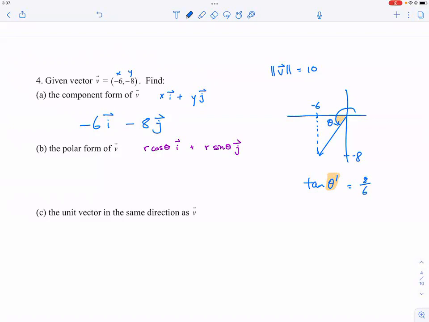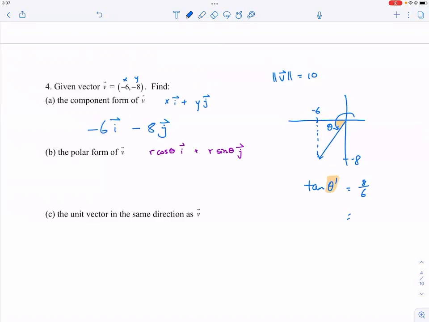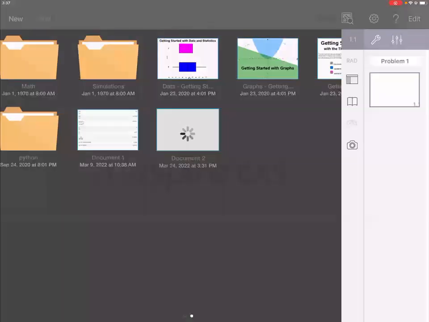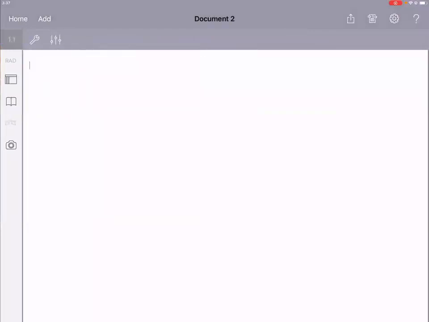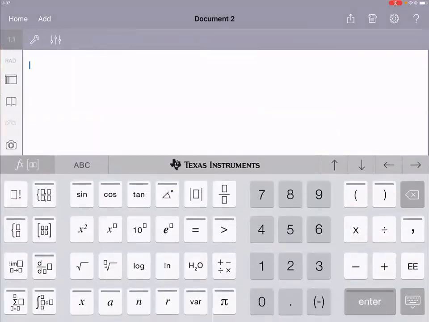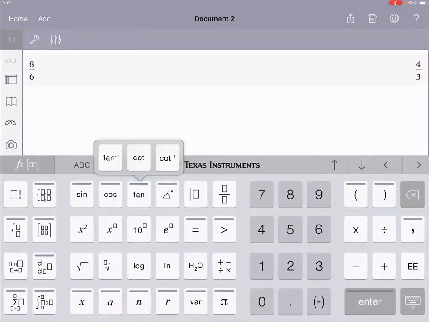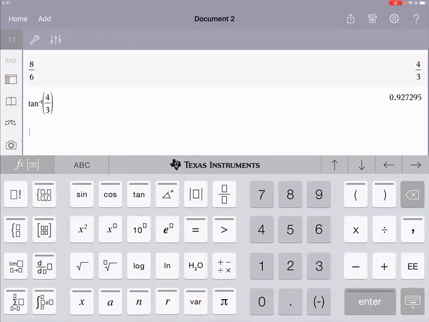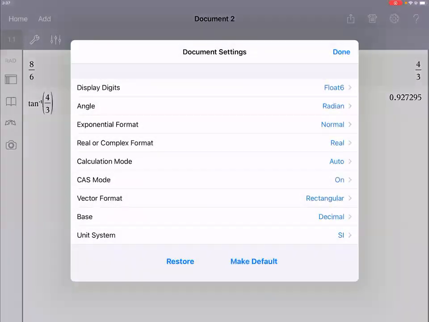So I'm going to go back to my calculator. 8/6 is 4 thirds, and then I need to do tangent inverse of 4 thirds. Oops, I did not change it to degrees.